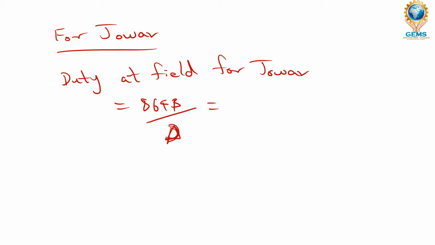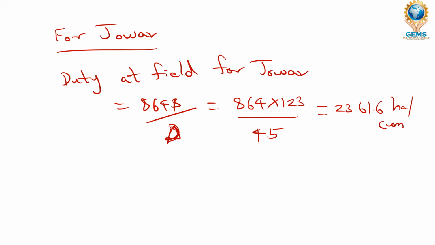Then 864 into the B value, which is the base period that you have assumed for the kharif season, and the D value we already know, which is 45. So the value will be calculated: it's 2361.6 hectare per cumec. Hectare per cumec is our unit, so kindly don't miss the unit.